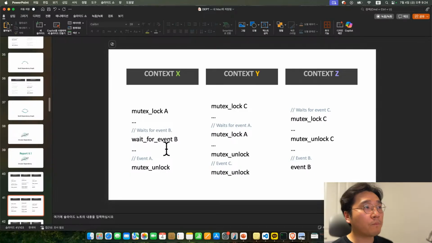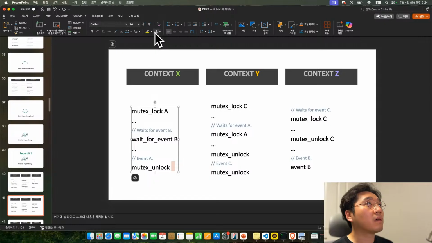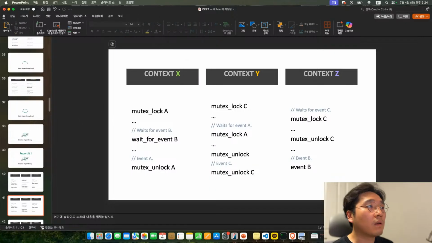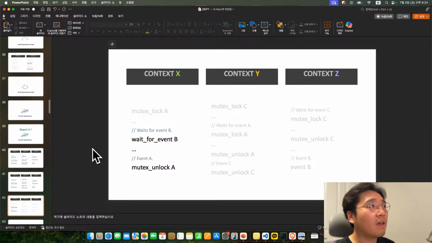And there is an event for the waiter. We defined unlock as event A, and for C, lock C is event C, and event B, right? So we can redraw from the redefined dependency.